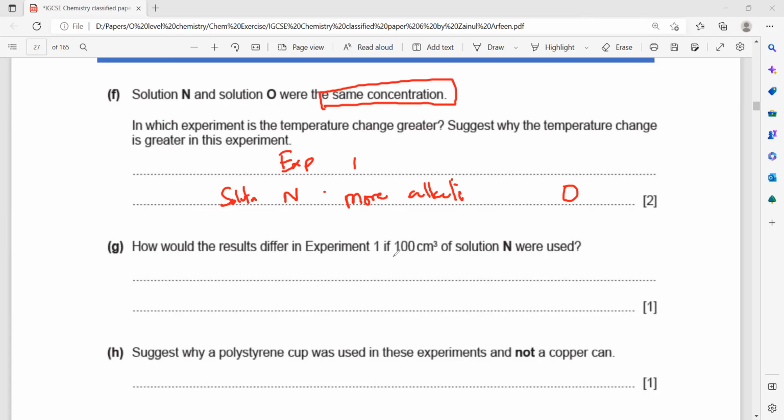How would the result differ if we use 100 cm cube of solution? More temperature change, because there will be more reactant particles. The concentration of reactant particles increases successful collisions, and as a result, the temperature change.